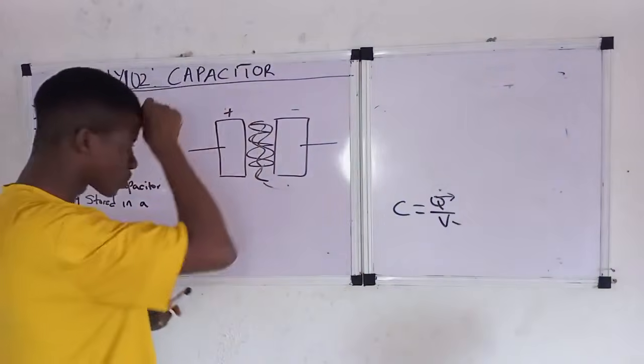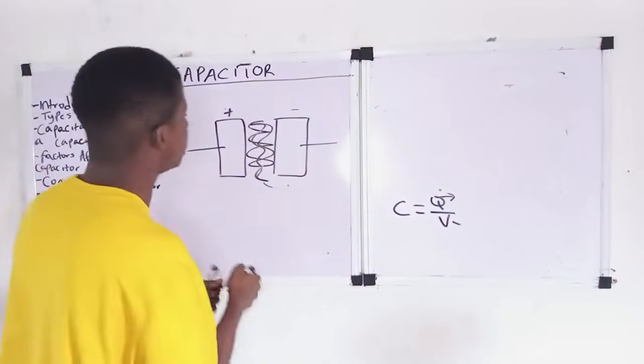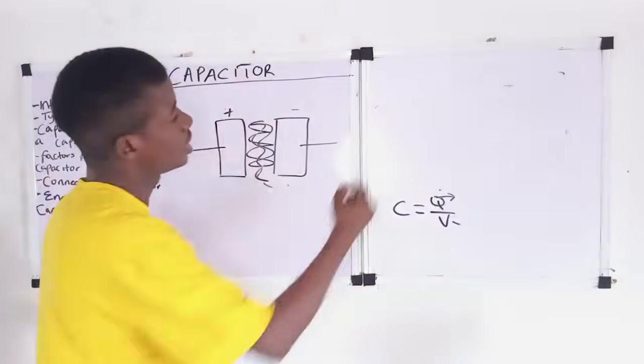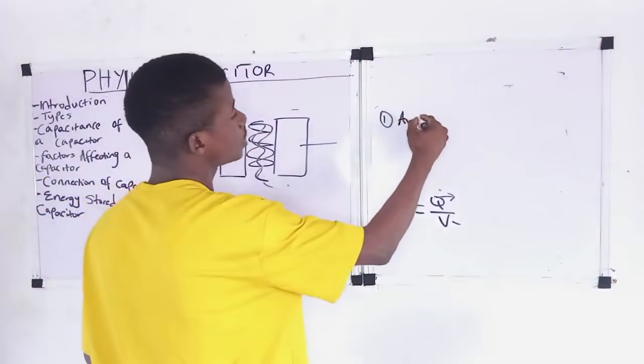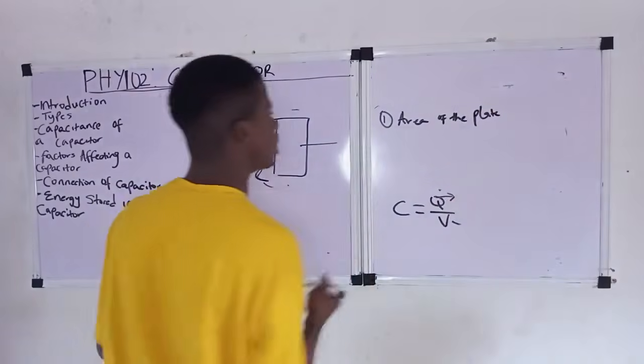One of the factors that affects the capacitance of the capacitor is, one, the area of the plate.